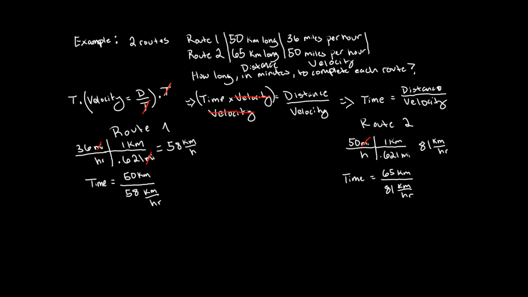Now, we know that we're dividing by a fraction, right? We have to imagine that this is a fraction, so let's just continue the line through. That's the same as what we discussed earlier, which is multiplying by the reciprocal. So we're going to say that it's 50 kilometers times hour over 58 kilometers, and the same over here: 65 kilometers times hour over 81 kilometers.